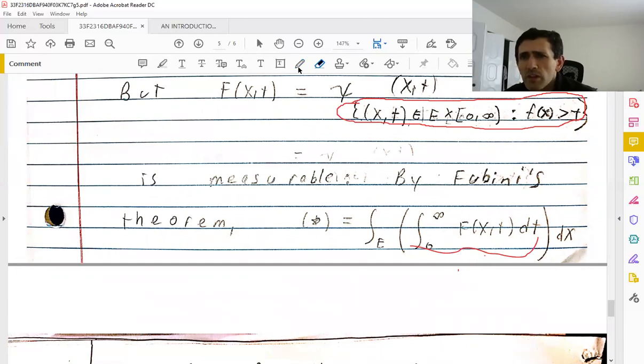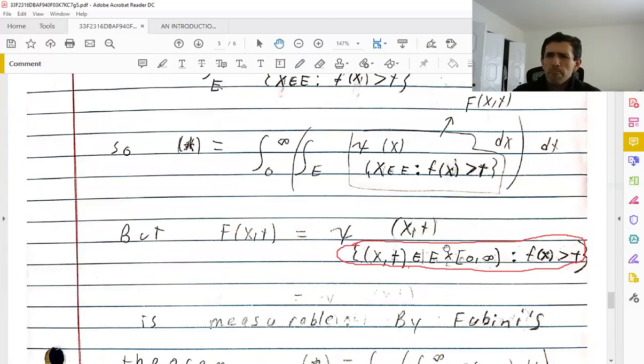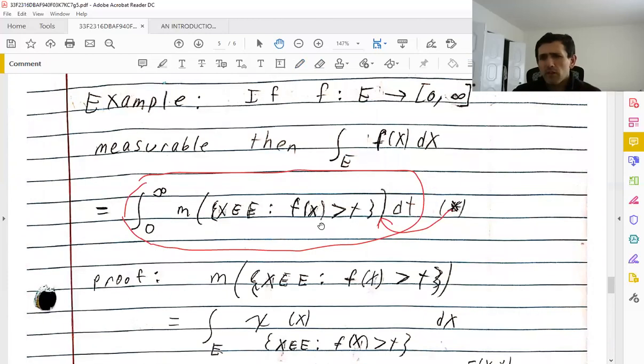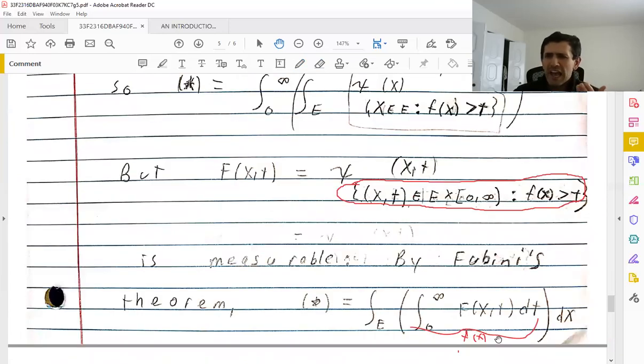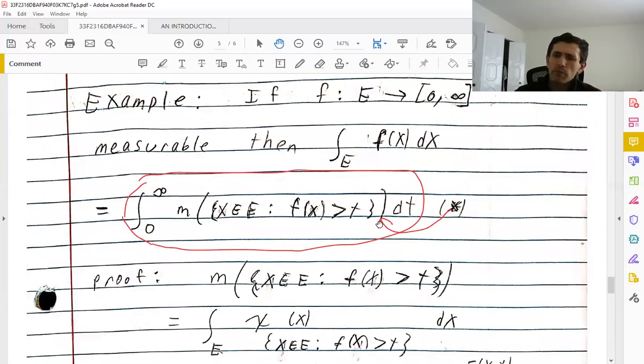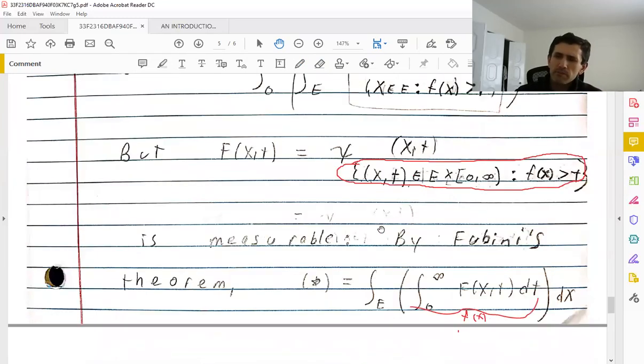So I'll just try and sneak it in here. Right, so this is f of x. So star becomes, remember star is this complicated looking integral from 0 to infinity. This just becomes the integral of f of x dx, which is exactly what we want to prove. Right.